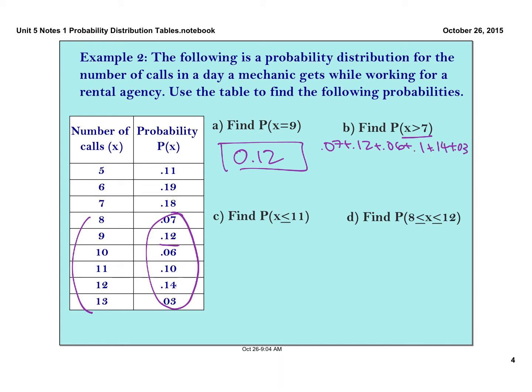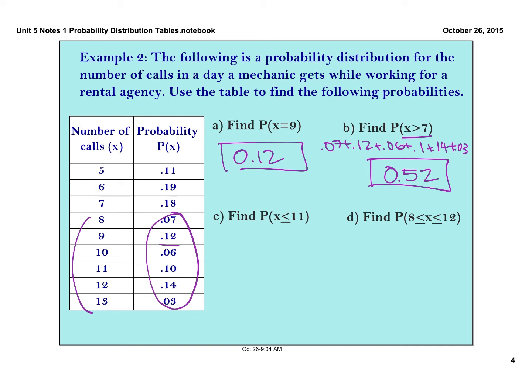I'll grab my calculator, and I get 0.52. The probability of getting more than 7 calls in a day is 0.52.